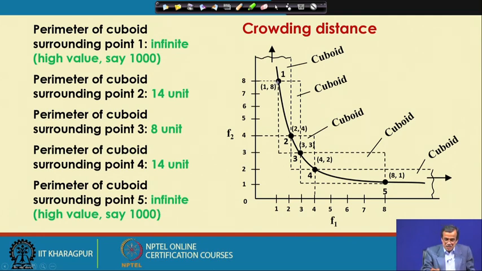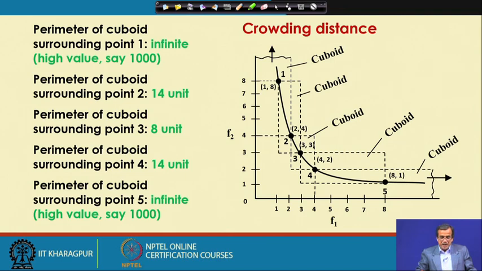That means these particular points will not be lost from the population, and there is a possibility that I will be able to maintain the whole stretch of the Pareto optimal front of solutions, and there is no chance that a part of this Pareto optimal front will be lost. We will be able to maintain the diversity of the solution, or the stretch of the Pareto optimal front. That means we will be getting more options, a greater number of feasible optimal solutions.